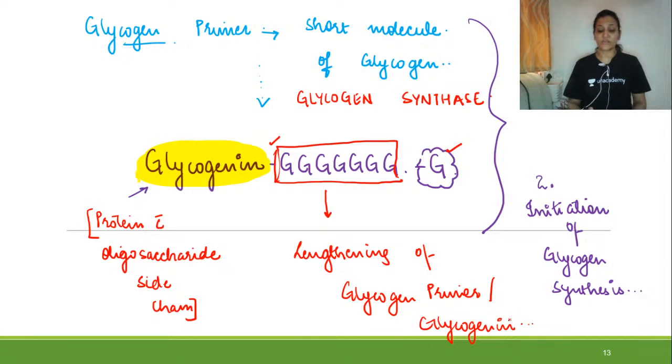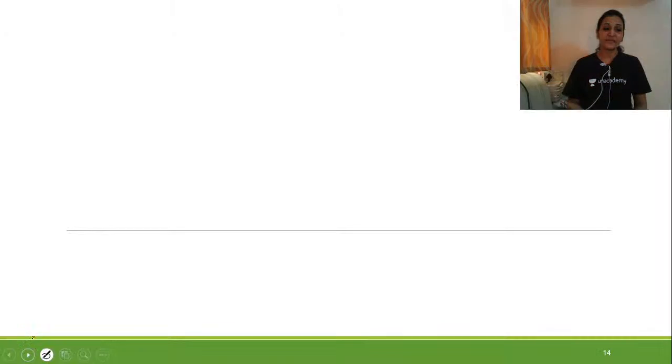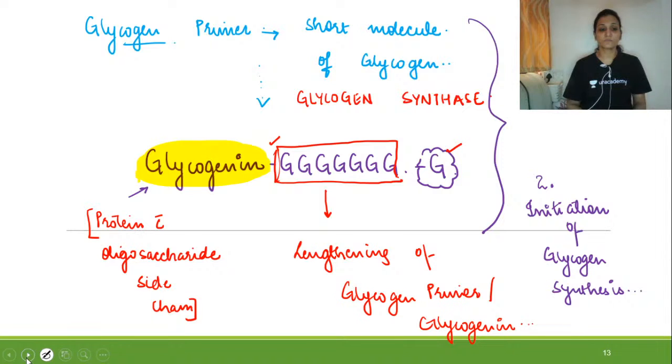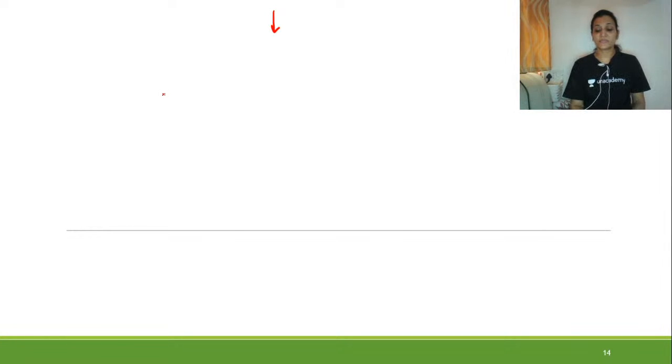Lengthening of glycogenin. So what will happen in the next successive steps? In the next successive steps, there is addition of glucose. Around 11 to 12 glucose will get attached in this step.